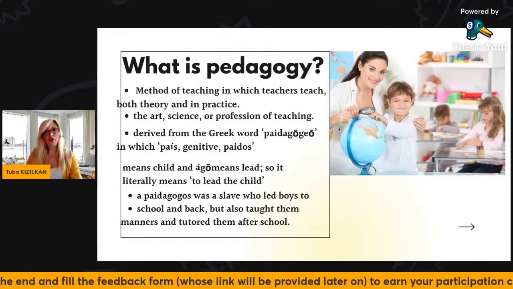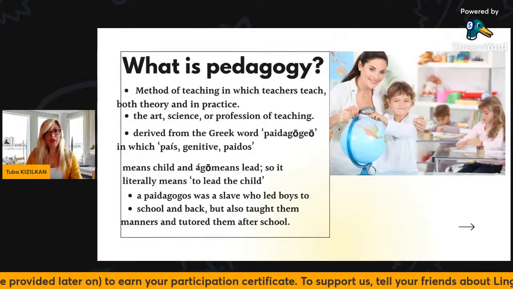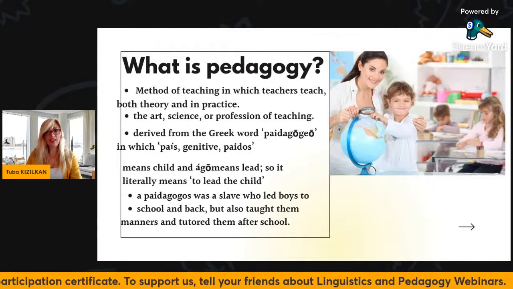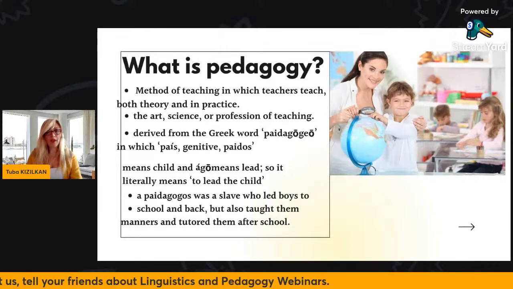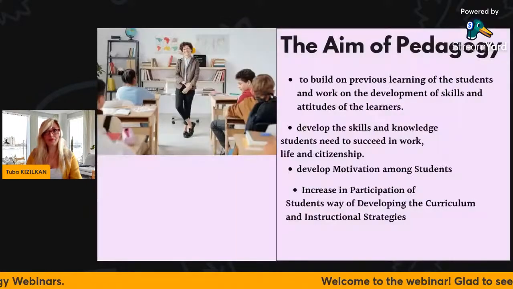So a pedagogue is a guardian, a leader of a child. So the term was used for a slave who led boys to school and back, and also taught them manners and tutored them after school. That was the original use in this meaning.